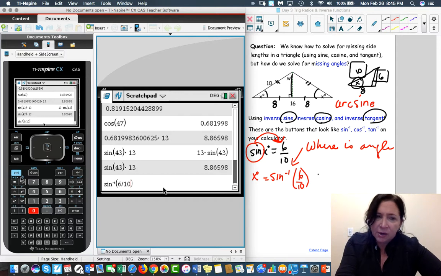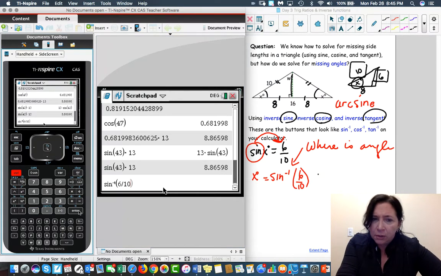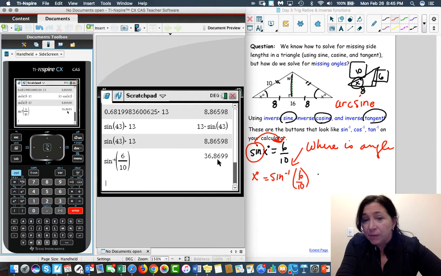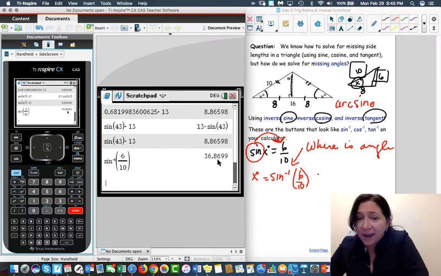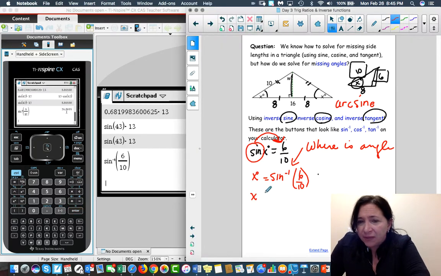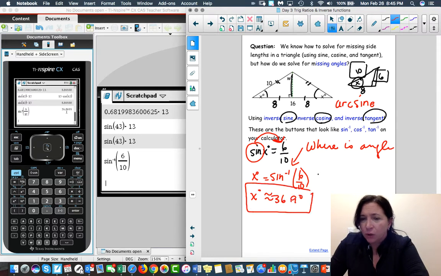So again, you're going to have to do Control Enter, and that's going to give me my approximation. What I just figured out was that X is about 36.9 degrees. And so that's the angle where I'm at. That's this angle here, 36.9 degrees.